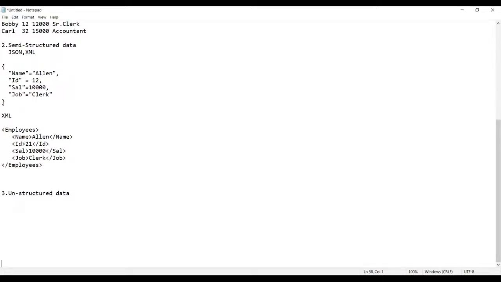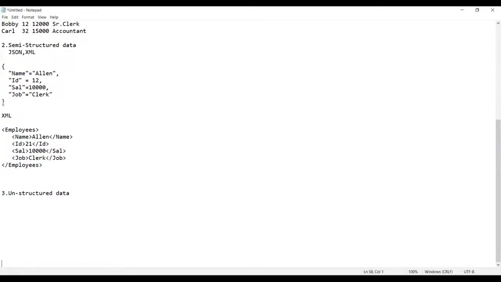All those are called unstructured data: the data which does not follow any structure. There is no format for unstructured data. Your photos, your chat histories, etc.